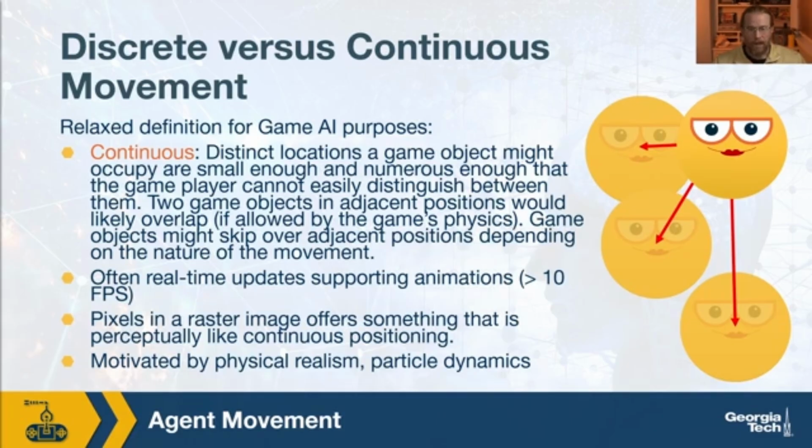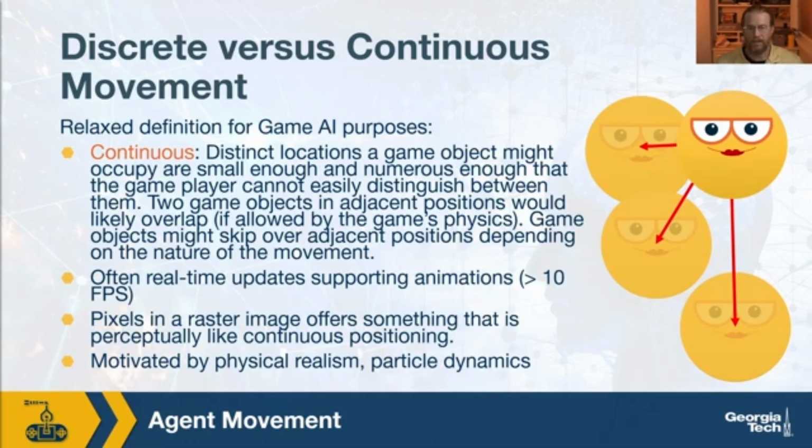And also, with the movement that you see when an object is moving around in a game with this continuous movement, from update to update, it might move a smaller or larger amount. And so this would be perceived as a velocity. If it's jumping these large distances, then probably it's going very fast, and if it's smaller amounts, it'll be slower.